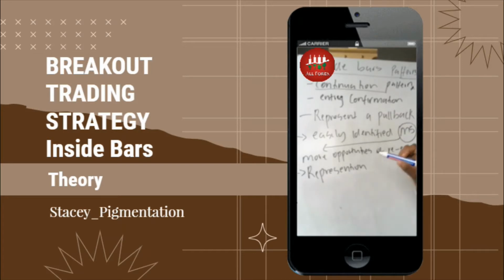So that's why I also say inside bar pattern represents a pause in the market. It is the representation of a consolidation phase, which does represent a pause in the market. Remember, market must breathe.